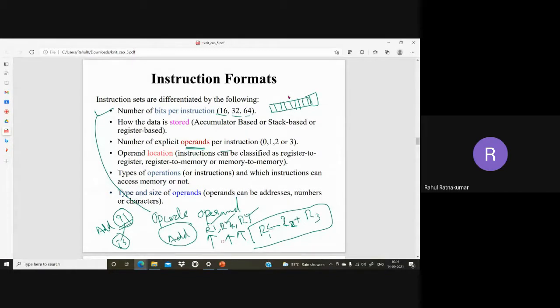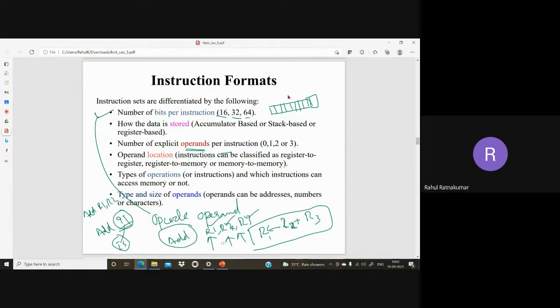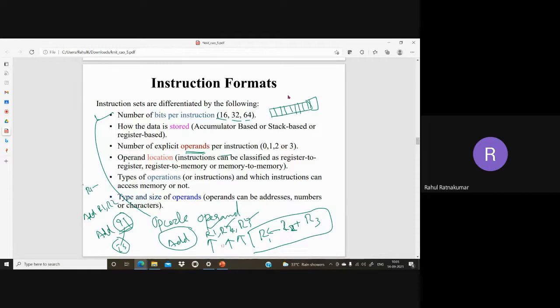There are some instructions which have only two operands, maybe add R1, R2. It may mean that the data stored in R1 is added to the data stored in R2 and the answer goes to R1 only. So it depends. That is the meaning of the number of explicit operands per instruction. It can be 0, 1, 2, 3.